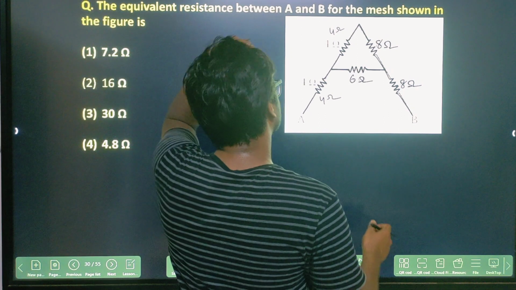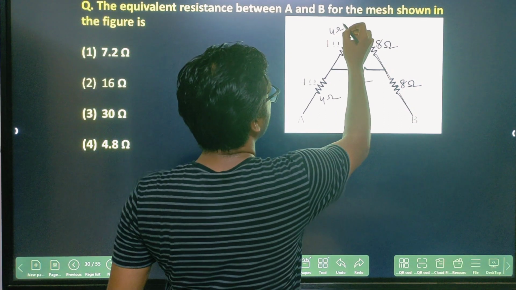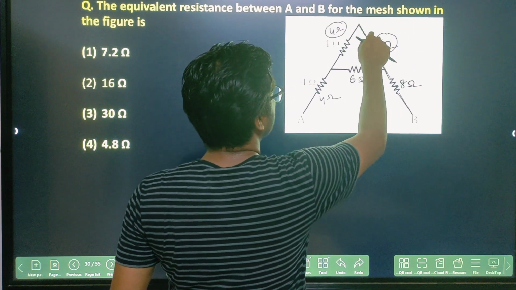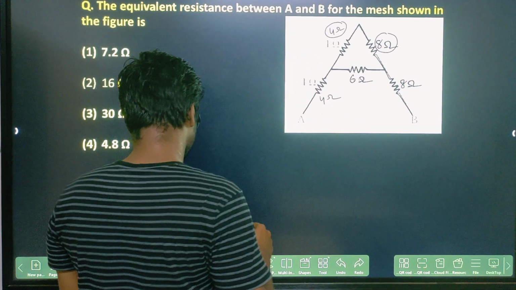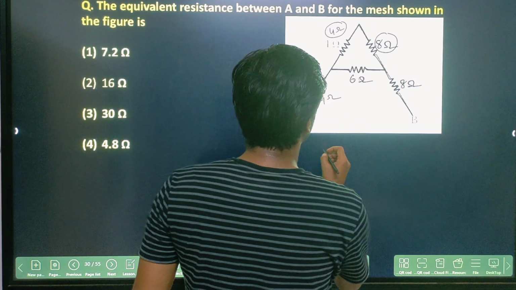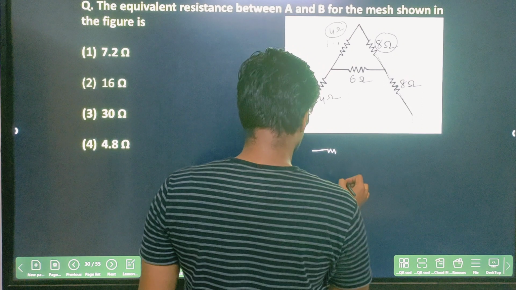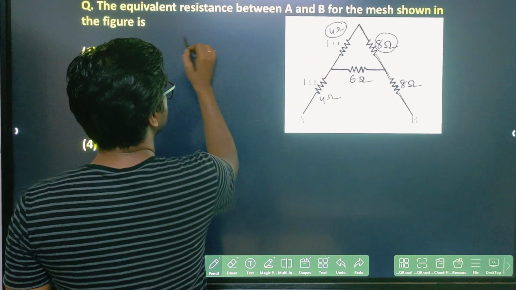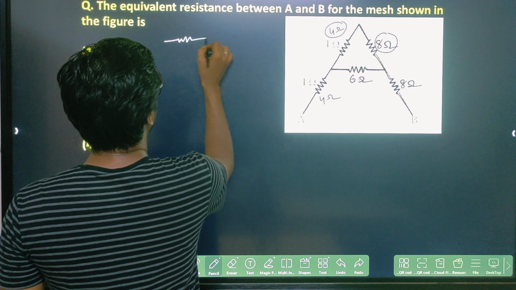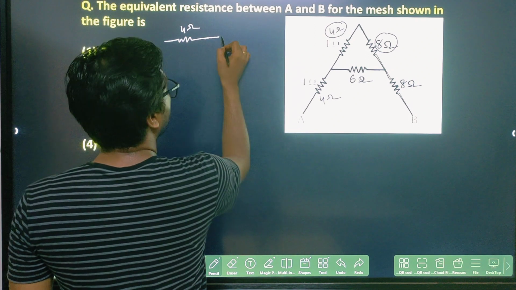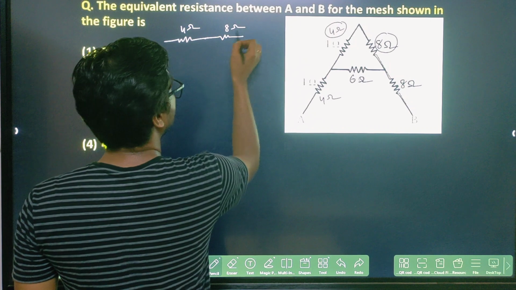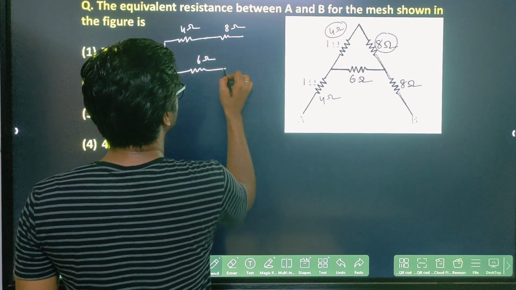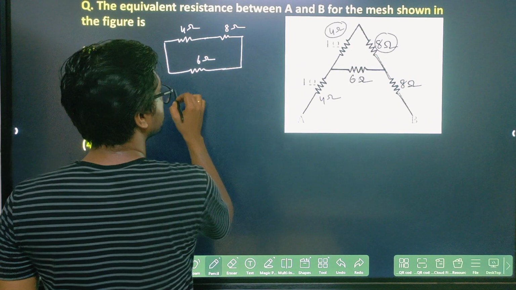How will we find this one? This 4 ohm resistor and this 8 ohm resistor are in series, connected like this. So let's redraw: this is your 4 ohm and here it is 8 ohm, this will be your 6 ohm, connected like this.